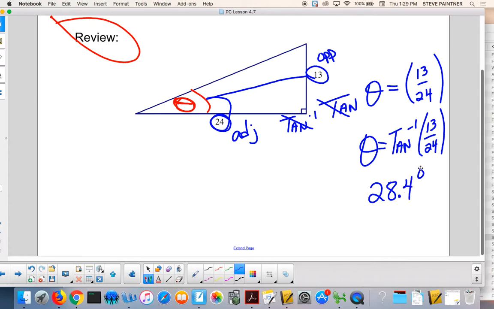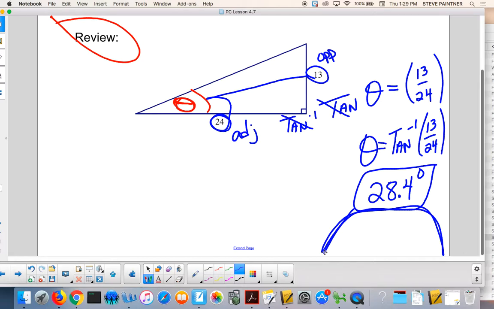Degrees, right? Okay, you know what? You can give me answers two different ways. One is in degrees, one is in radians. Would you please give me the radian answer? Just convert your calculator back to radians and then do that whole thing over again.